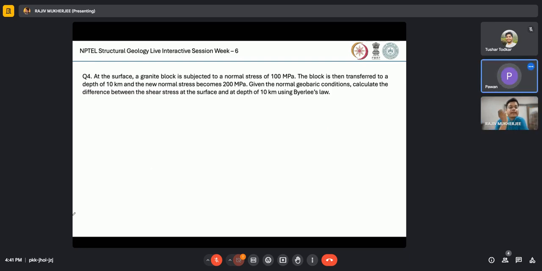So there are two laws. For sigma n, tau c is equal to 0.85 sigma n for pressures less than 200 MPa, and tau c is equal to 60 MPa plus 0.6 sigma n for pressures greater than 200 MPa.